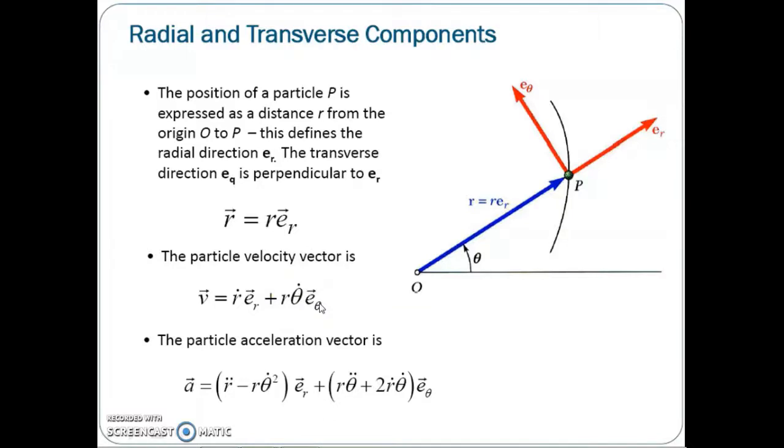And if we differentiate the velocity vector again, then we will have the acceleration vector. So it can be expressed as a equals r double dot minus r theta dot squared in the ER direction. Then we have r theta double dot plus 2 r dot theta dot in the direction of E theta.